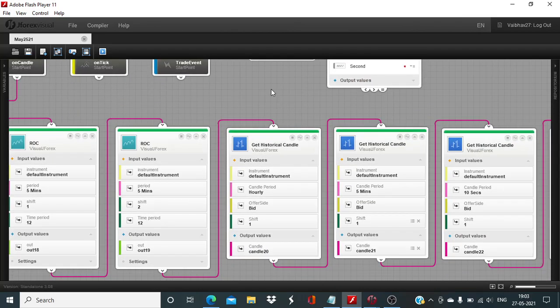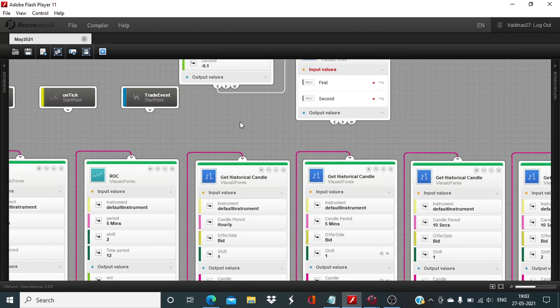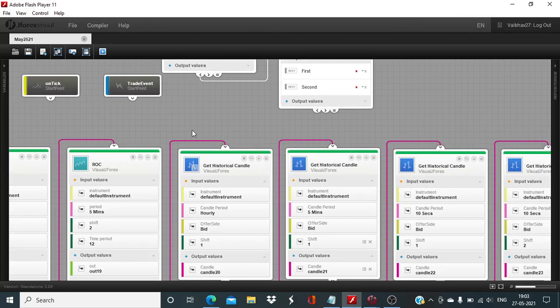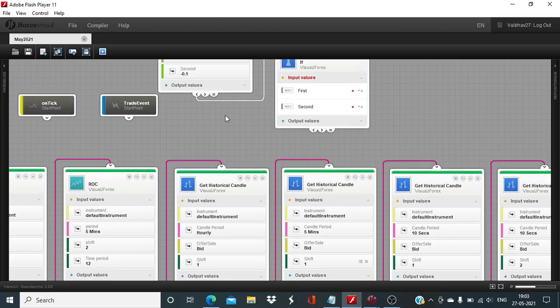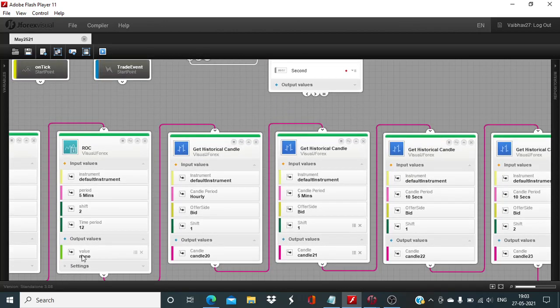And out 19 would have been above minus 0.1.